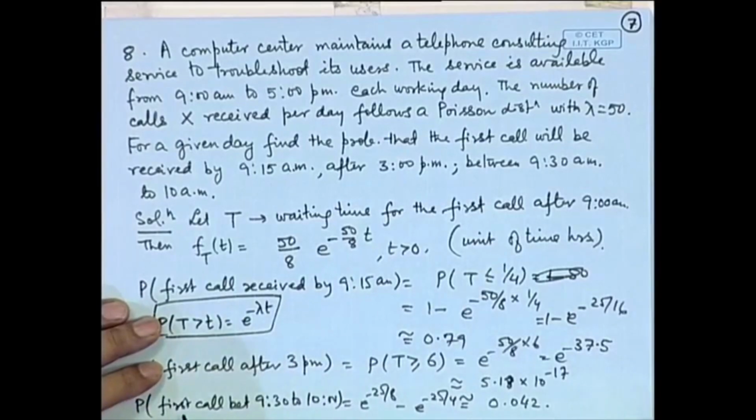Similarly, what is the probability that the first call is between 9:30 and 10? Since the rate is high, the probability that the first call is after 9:30 must be small, and then we are saying between 9:30 and 10, which is further small. After calculation using this formula, it turns out to be 0.042.